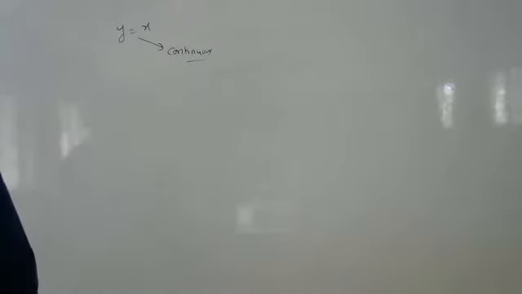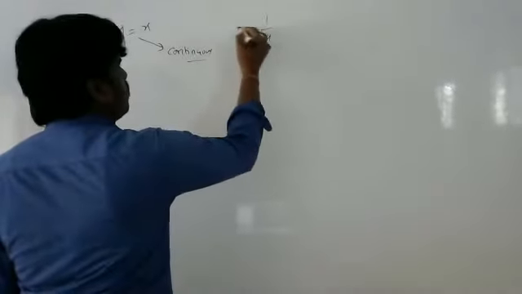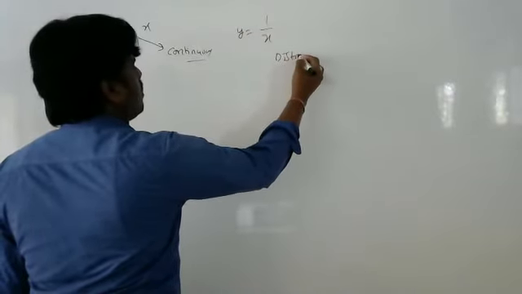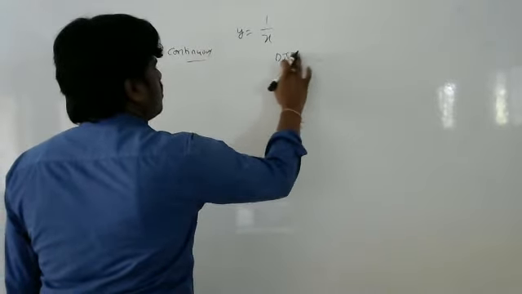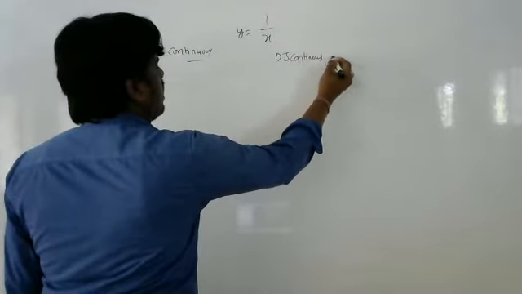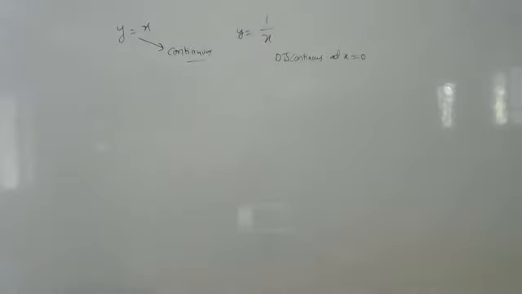Now tell me, y is equal to 1 by x. This is discontinuous at which place? Yes, discontinuous at x equal to 0.